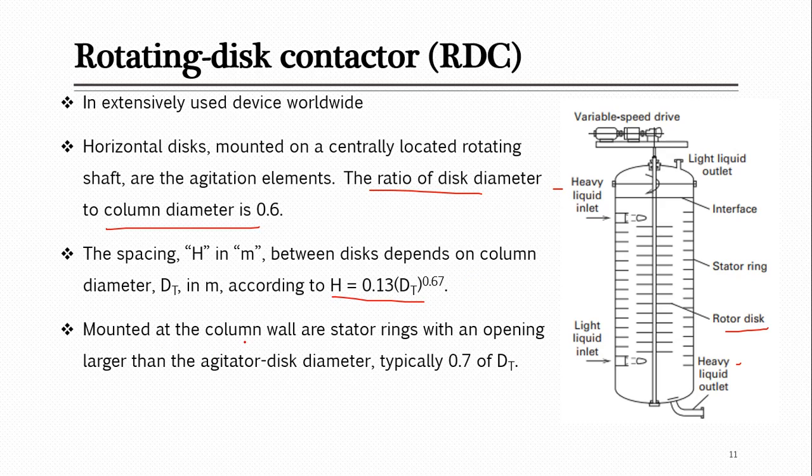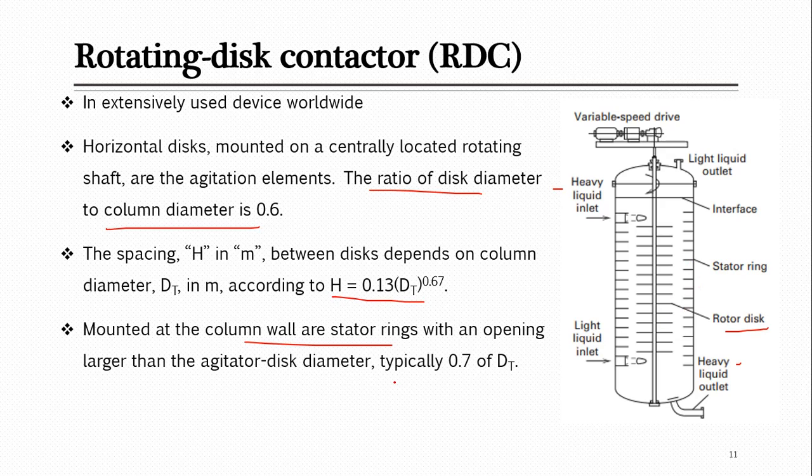The column walls are connected with these stator rings. Consider a washer which you use with a nut and bolt, empty from the inside; that can be used as a stator ring.